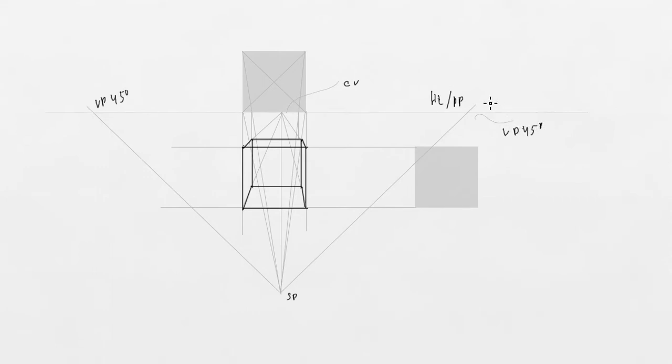And now we could draw lines going from these corners to vanishing points. And you could see that it matches exactly with our previous construction. Let's do it for bottom one. Okay.